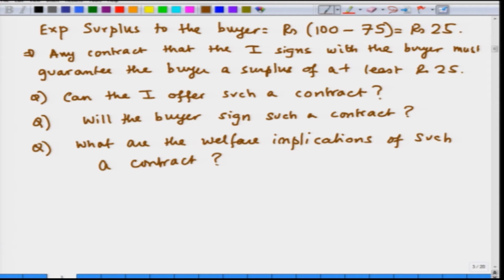Before we answer these questions, let us first talk about what is the kind of contract that the incumbent can offer the buyer. So, the contract is as follows.